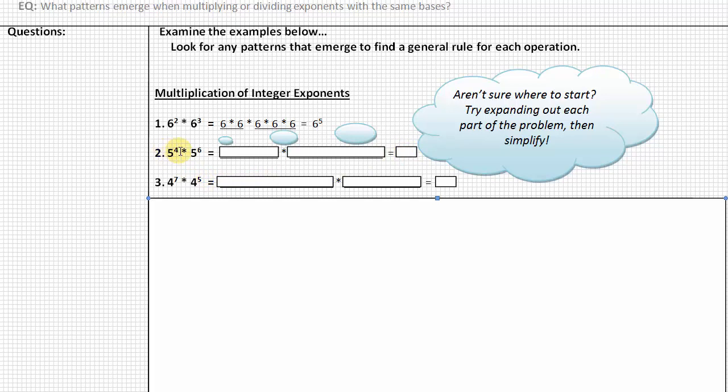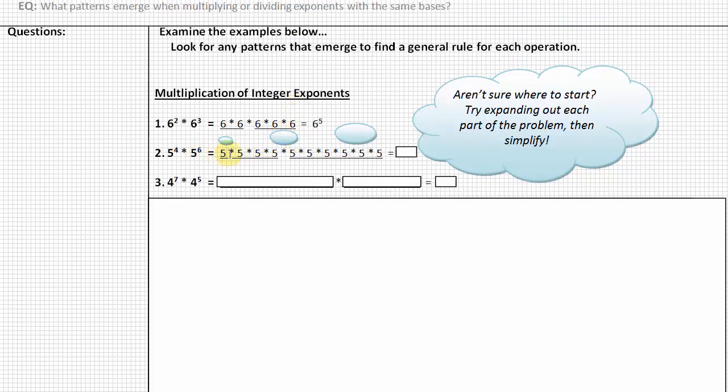So 5 to the 4th power means we're going to take a base number of 5 and multiply it by itself 4 times. It'll look something like this. And then we're going to take 5 to the 4th and multiply it by 5 to the 6th. So I've added another multiplication sign here, and 5 to the 6th is going to be 5 multiplied by itself 6 times.